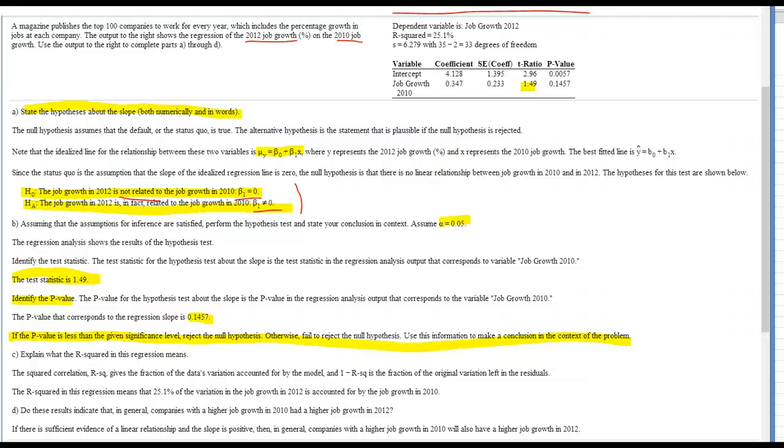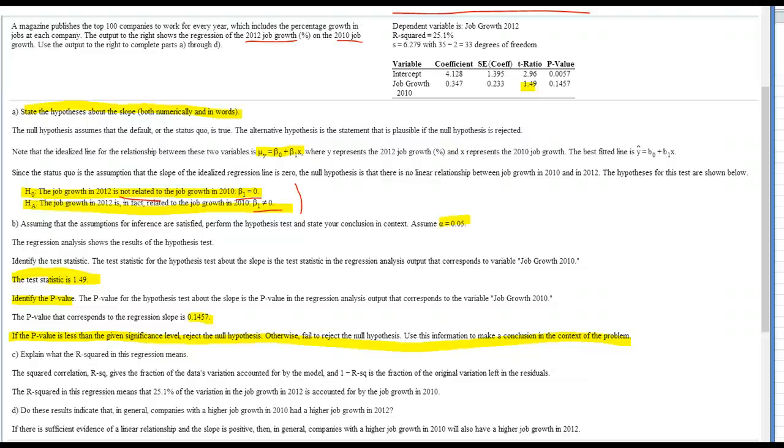The conclusion in the context of this problem is that there isn't a relationship between the two variables. We're not rejecting the null hypothesis because the p-value is greater than our level of significance. So the job growth in 2012 is not related to the job growth in 2010.